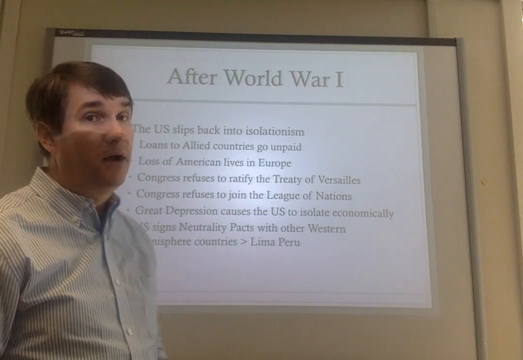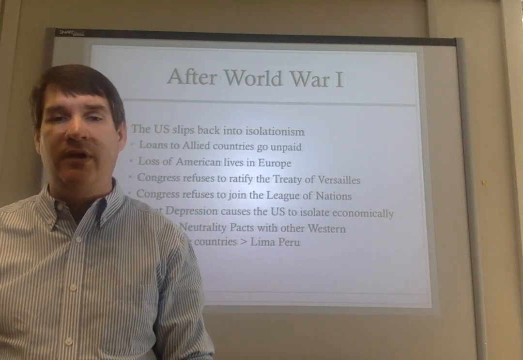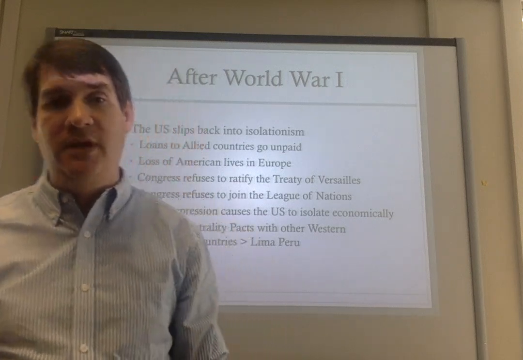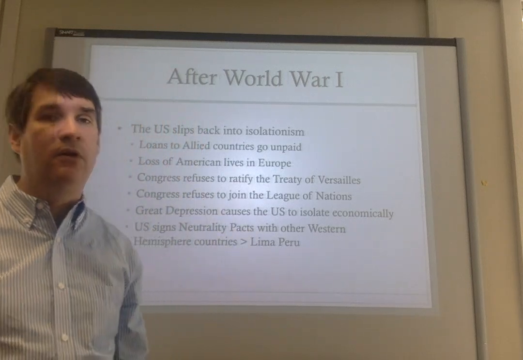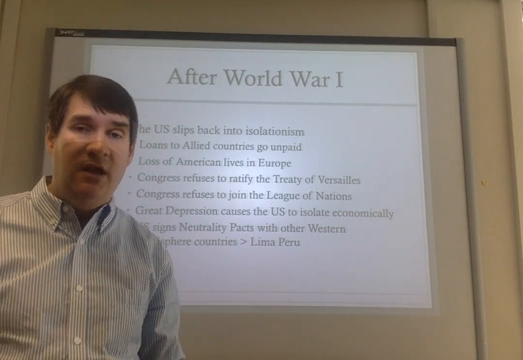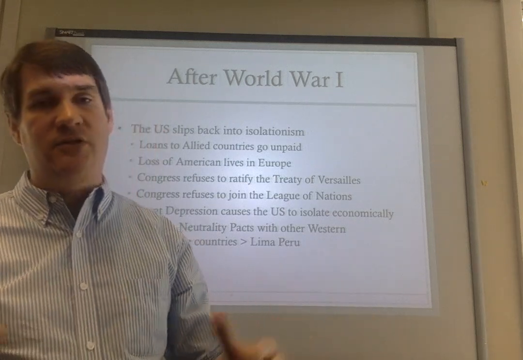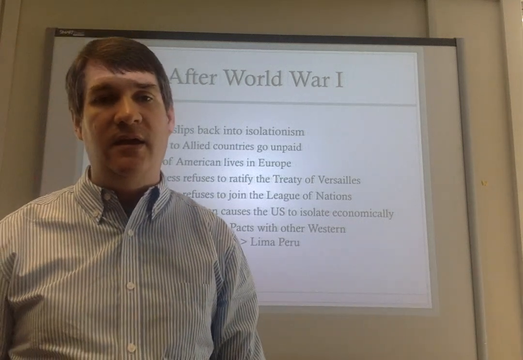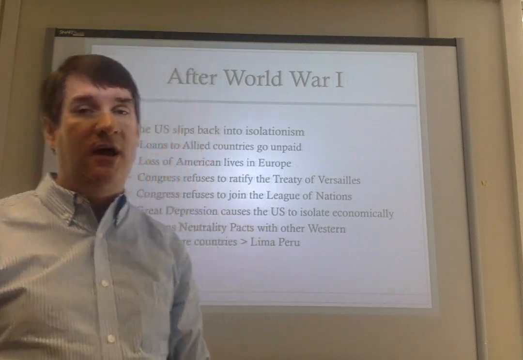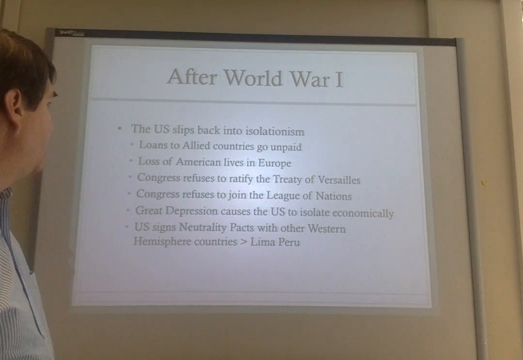All right, so this will be a little bit of review. We've talked about this, but it's important that we go over it again just to set up a base of where the U.S. was at the beginning of the war. As we learned, the U.S. is experiencing isolationism again after World War I. They don't want to get involved in European politics. Along with other Latin American and Western Hemisphere countries, they agree that it's best to stay out of the problems of Europe.